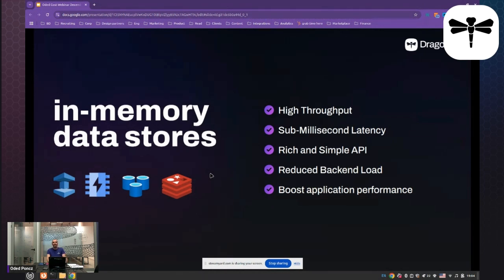Even if you're using Elasticache or Google Memory Store, you're still using Redis. Even if you're using Valkey, you're still using Redis because this is a fork. Typically, it's common to see organizations spending between 10 and 40% of their data cost on Redis-like solutions.